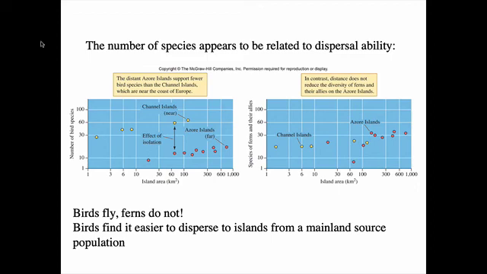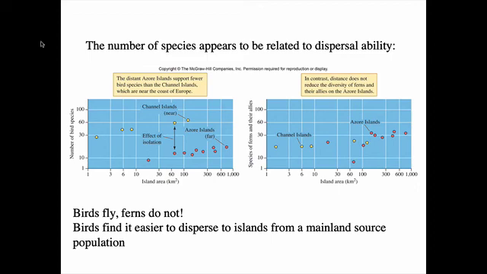This is bird species, and they find it easy to get to the Channel Islands. These are much larger, but they're much further, so you get not very many species.